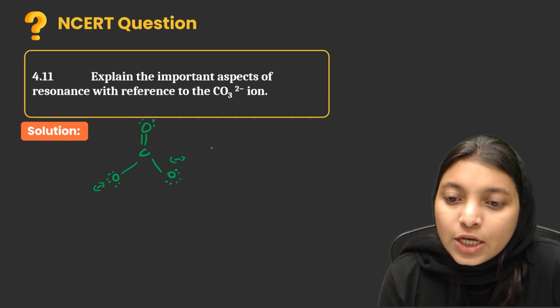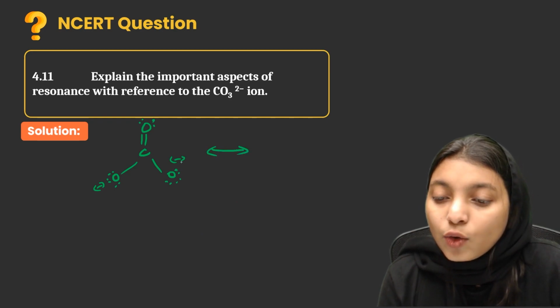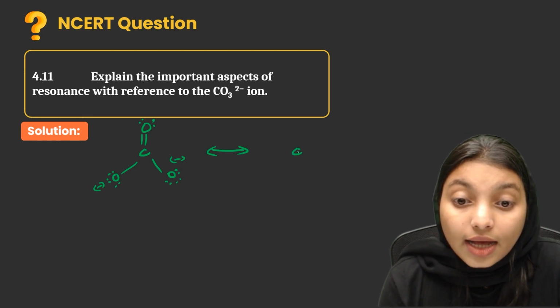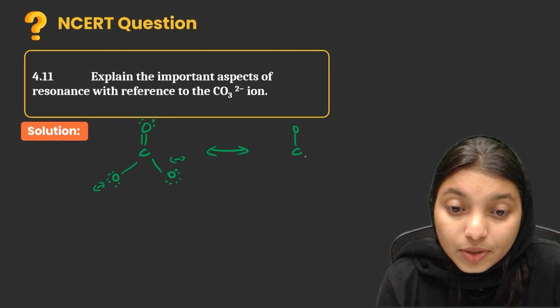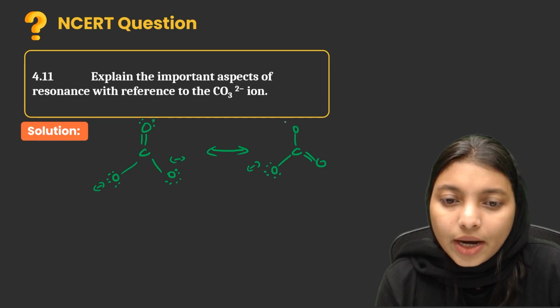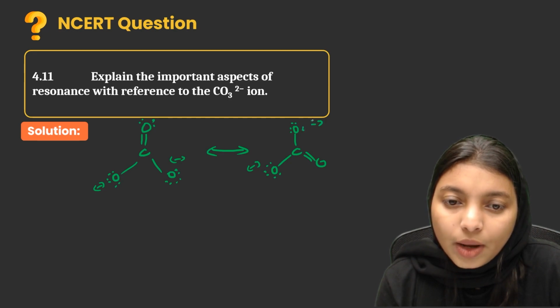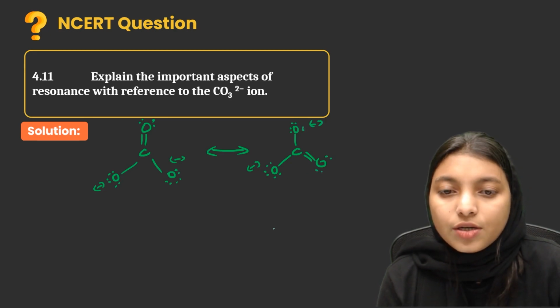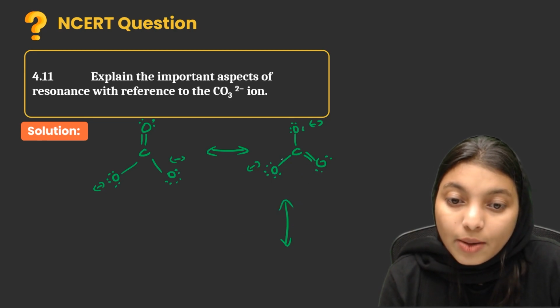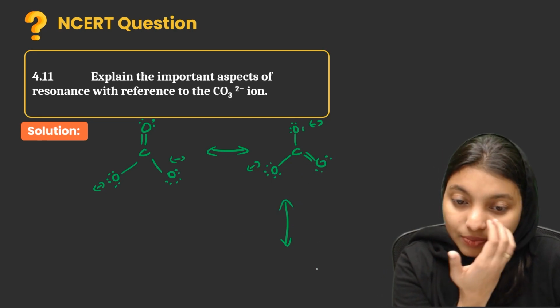This negative charge can go to this oxygen, and this oxygen can get a double bond. That is another way in which we can represent the same molecule, with a minus here and 2 lone pairs here. Another way to represent this is that the double bond comes here and the negative goes here.